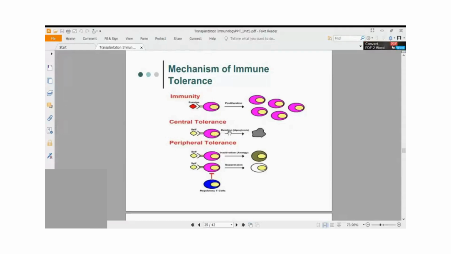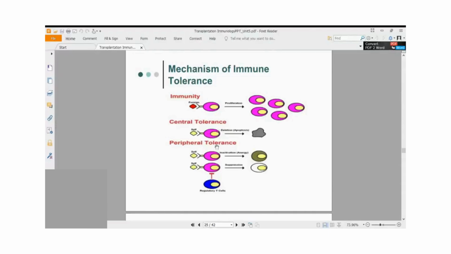That process is also called deletion. This process in the thymus and bone marrow, making the immune cells learn the self antigens so that they don't develop immunity against them, is called central tolerance.